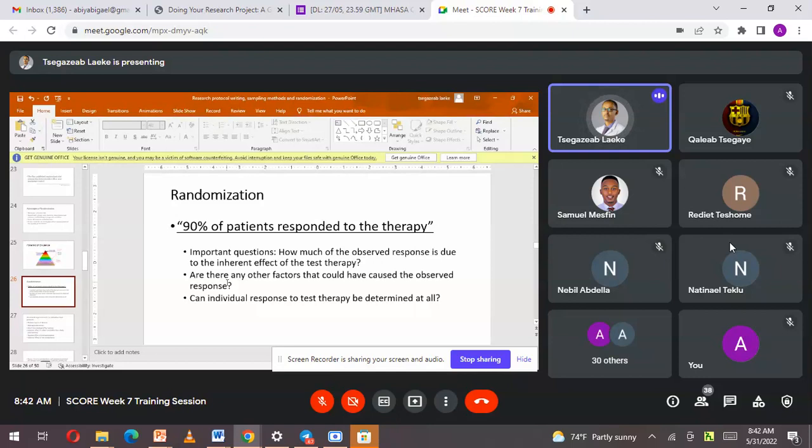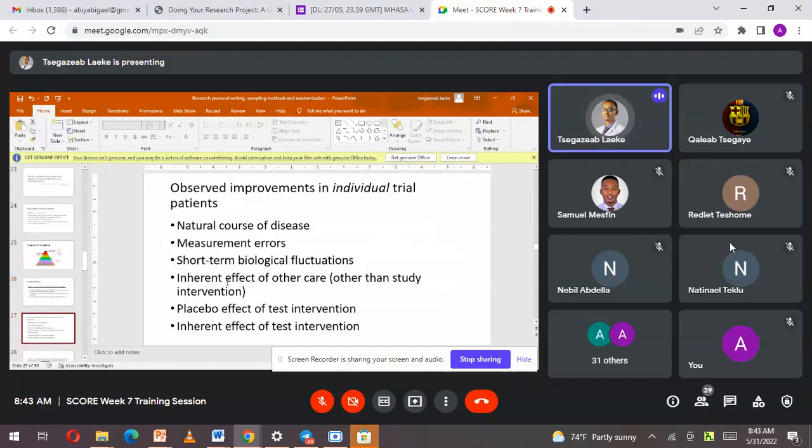It might not be the effect of the paracetamol, because you might have taken other medications, you might have rested, and also you have taken too much fluid that gets you rehydrated, and you recovered fast. So all these things are confounding factors. Randomization helps to eliminate all this and to categorize patients and neutralize these confounding factors.